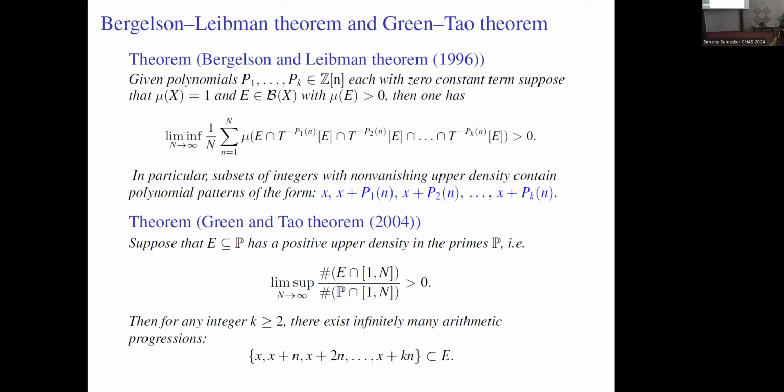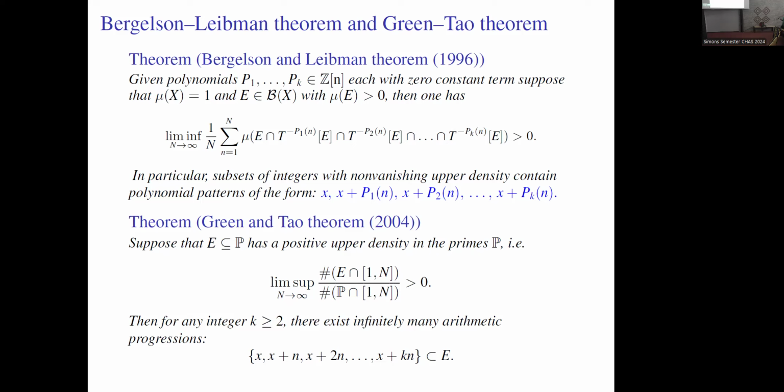So if we have a probability measure preserving system and we consider arbitrary polynomials, each having zero constant term, and a measurable set with positive measure, then the limit inferior of this is positive. This implies that the measure of this event is positive infinitely often, and in particular that every subset of integers with non-vanishing upper density contains polynomial patterns of this form. So that's what Bergelson and Leibman proved.